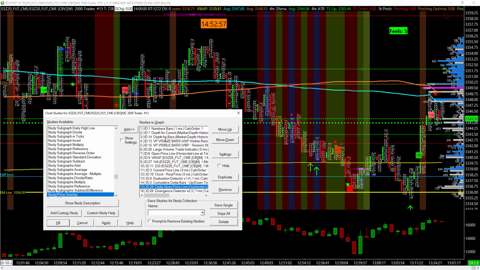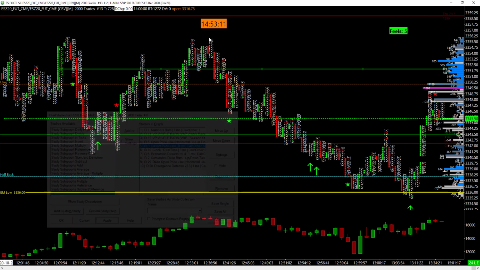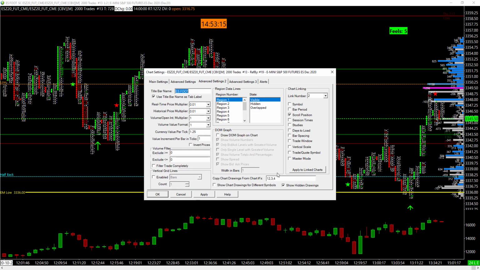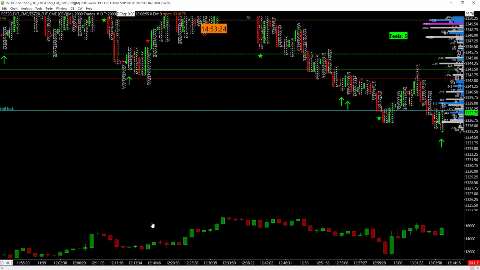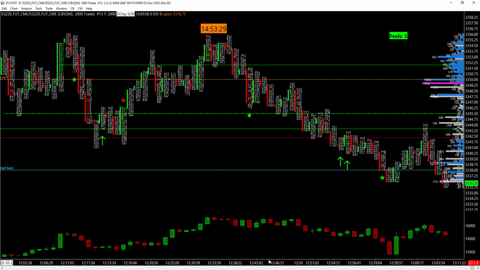Let's see how this looks. All right, there's still a lot of drawings that come from other charts that get placed on this chart. It would just take me longer to remove them.